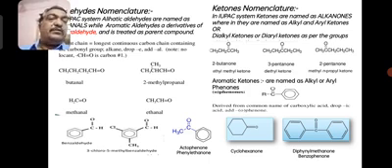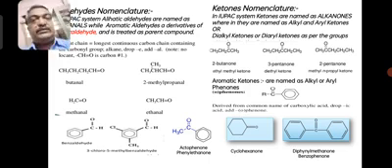Acetophenone contains CH3CO C6H5. It is also called phenylethanone. Some examples you have learned in a previous class, where I have explained them.